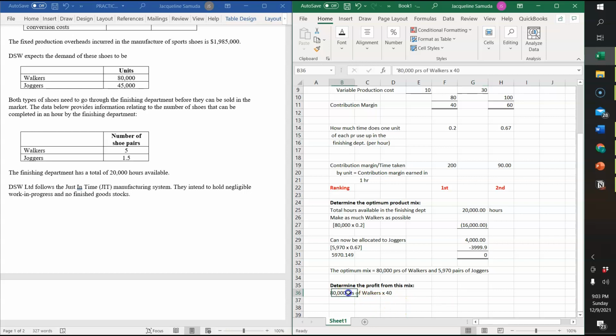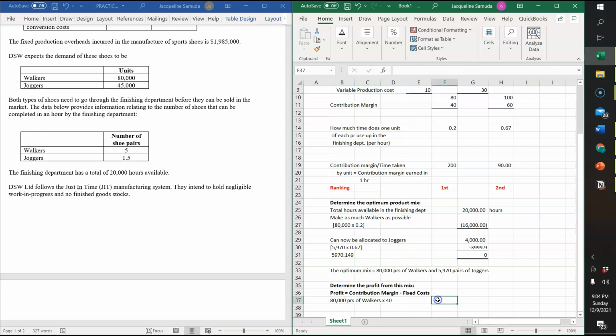In fact, let me put it in the line below to remind you. Profit is equal to contribution margin minus fixed costs. I'm sure some of you remember that.